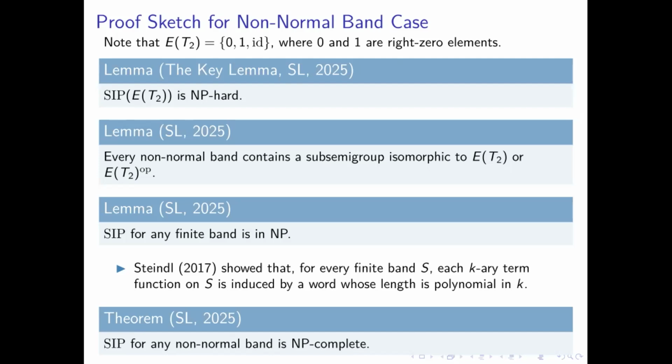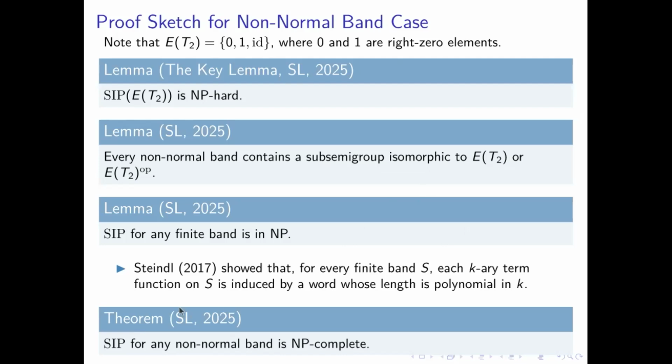With this fact, we also show that every non-normal band contains either E of T2 or the opposite semigroup of E of T2. So that shows that SIP for any non-normal band is NP-hard.